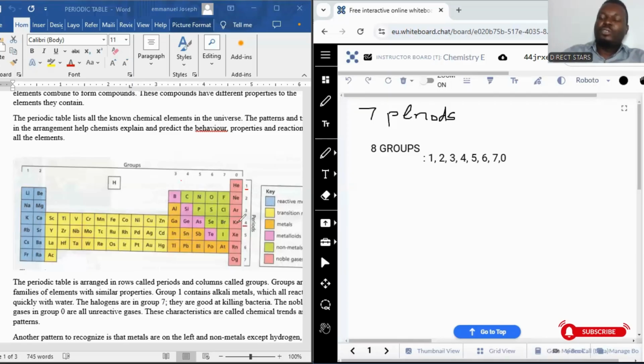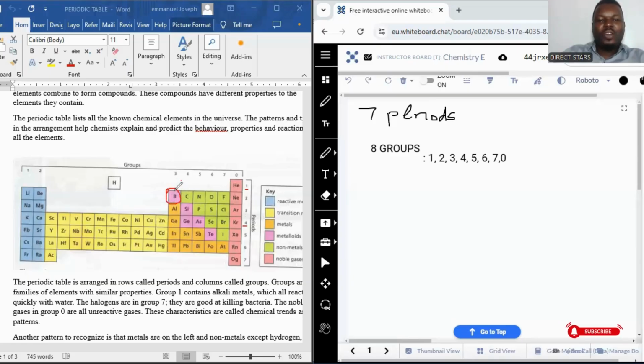Okay, so that is how to read this table. Let's pick one element and let's see whether we can tell what group and period that element belongs to.